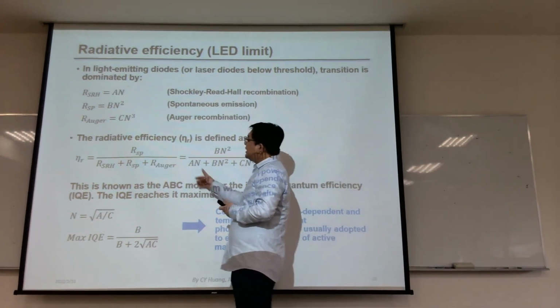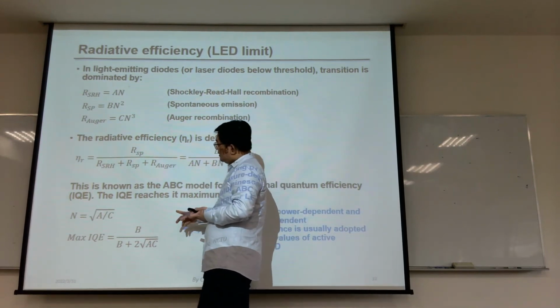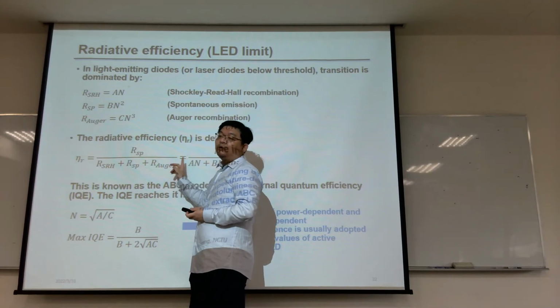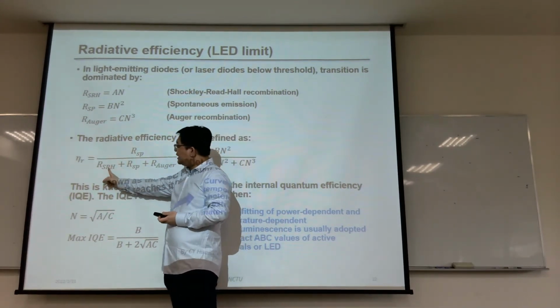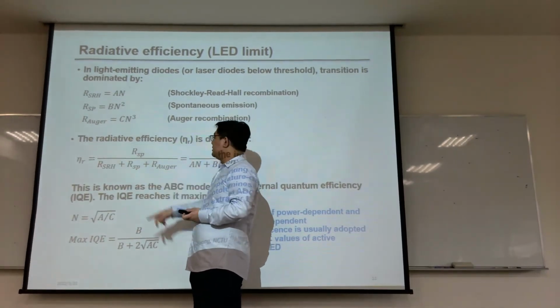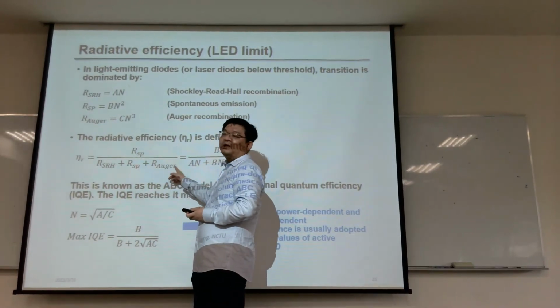Then the radiative efficiency can be defined with the denominator as the total recombination rate: Shockley-Read-Hall, spontaneous emission and the Auger recombination.